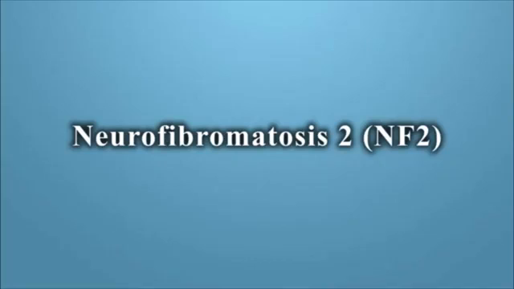Neurofibromatosis 2, NF2. The gene NF2 is located on chromosome 22. It is also a tumor suppressor gene and encodes a protein called Merlin. This protein regulates cell growth by interacting with many other proteins.